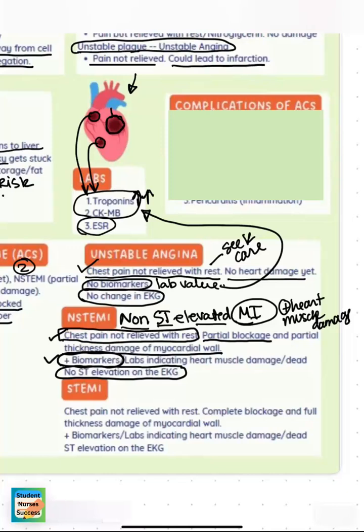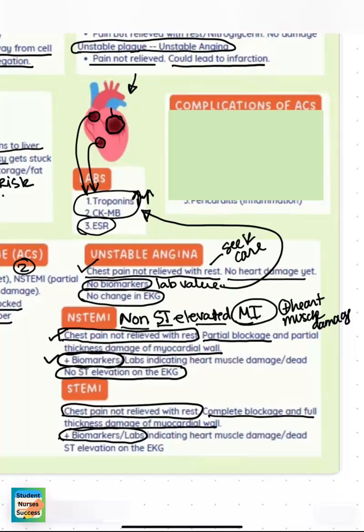With a STEMI, you have chest pain not relieved with rest, but it's a complete blockage and a full thickness damage through the myocardial wall. So the whole wall is dead and damaged, and that's a much worse problem than a non-STEMI. With a STEMI, you will have positive biomarkers because you do have damage.